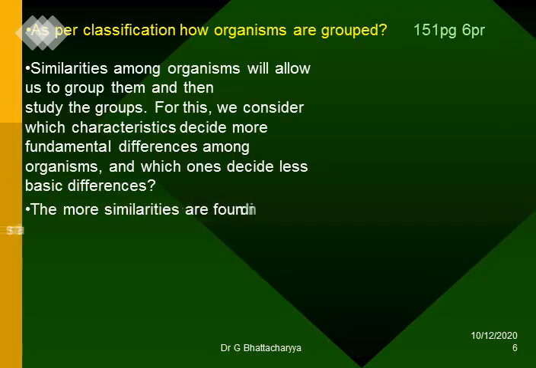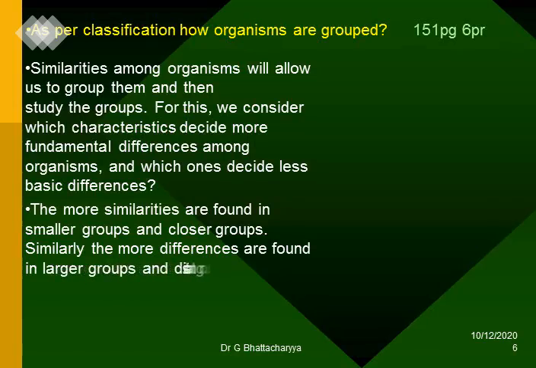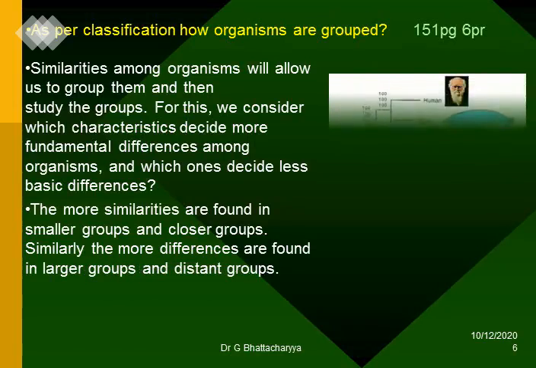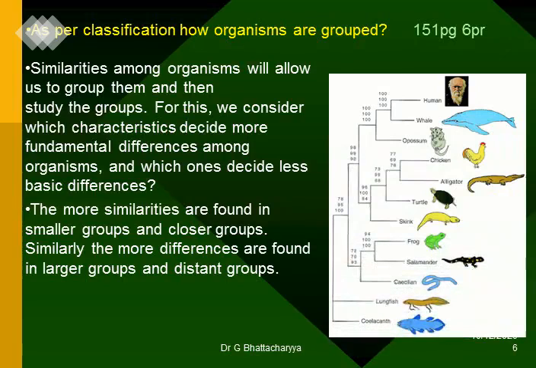The more similarities are found in smaller groups and closer groups. Similarly, the more differences are found in larger groups and distant groups. You can see this in this picture of classification.